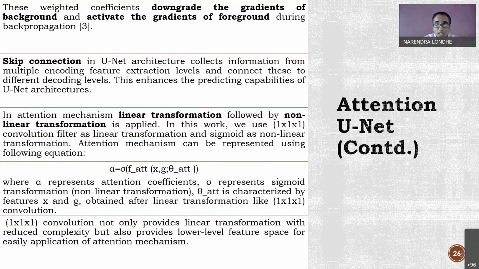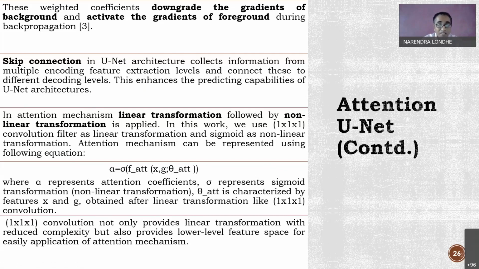So the skip connection which collects the information in the U-Net architecture enhances the preceding capabilities of the U-Net architecture. So encoding में या decoding में जब भी आप one convolution से next convolution जाते हैं, तो वहां पे on the basis of that information your feature extraction improves.